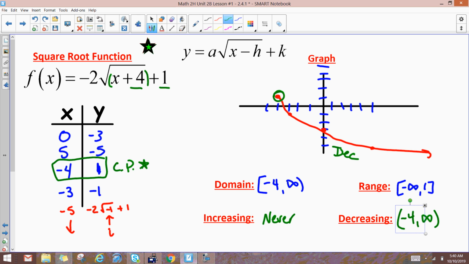Now, how do we get this pattern? Well, actually, if you turn your head kind of to the side, all our square root function is, and we'll spend more time evaluating this as we go to further sections, is half of a parabola. If you remember when we briefly did it with our quadratics, I'm going to show you here.